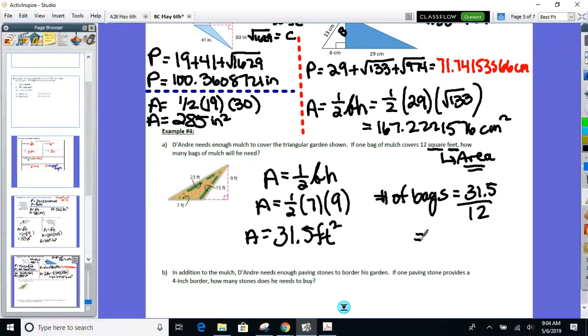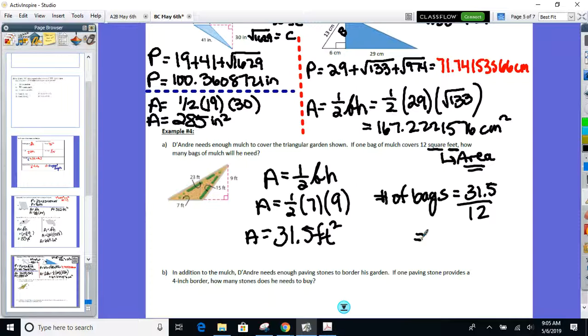And now here's where the common sense radar needs to go off. 31.5 divided by 12. I get 2.625. You cannot go to Lowe's or Home Depot and walk in and say, can I have 2.625 bags of mulch? It's not going to work. You're going to get laughed at.